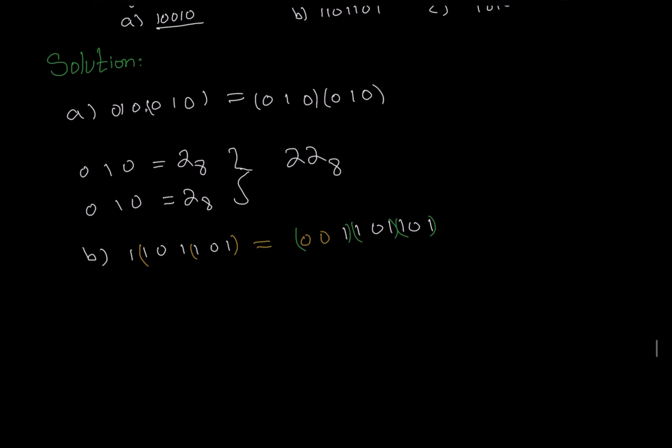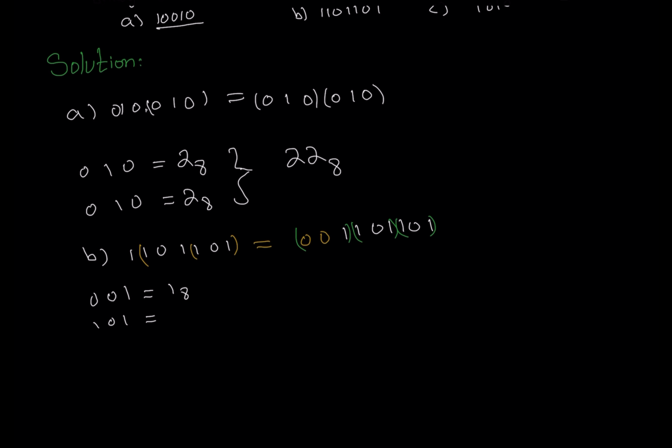Okay, so now we can write down its equivalent representation. 0 0 1 is a binary number. The octal representation will be 1 base 8. Now 1 0 1 is a binary number.